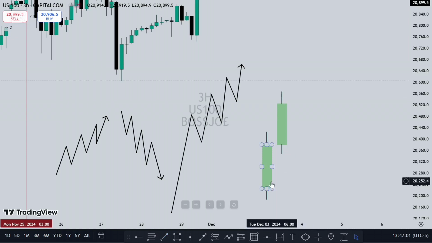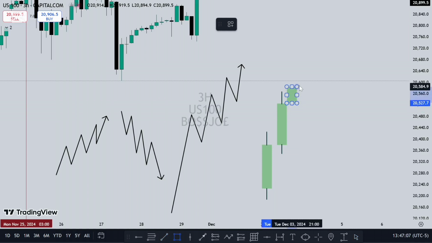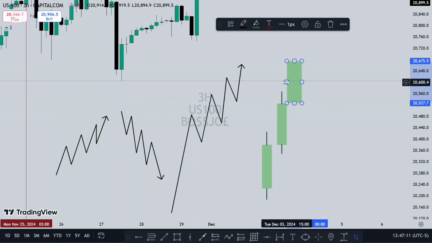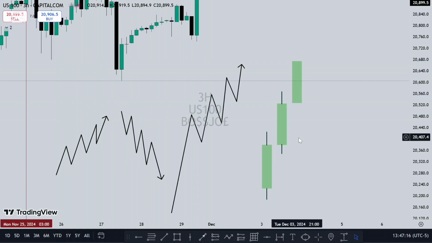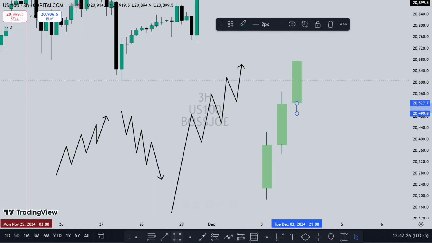Then another one opens right after here, another candlestick opens right here, its tail right here.